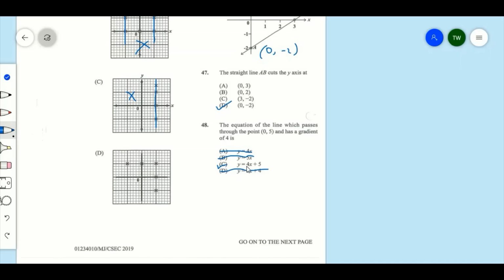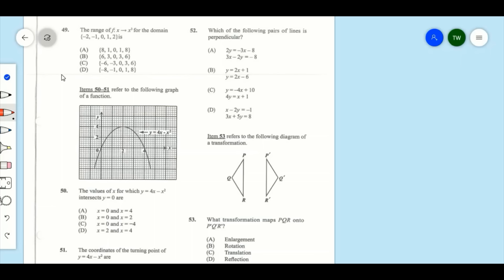If you note that the gradient here is 4 and 5 is the y-intercept value, which means that if 5 is the y-intercept value, x is equal to 0. So of course it passes through the point 0, 5. All right.